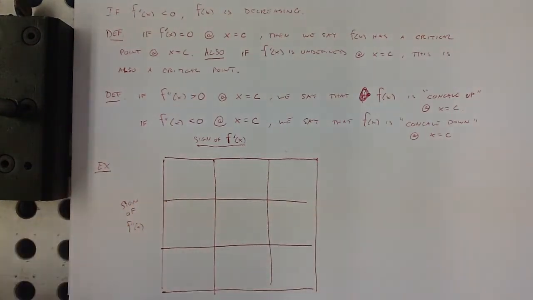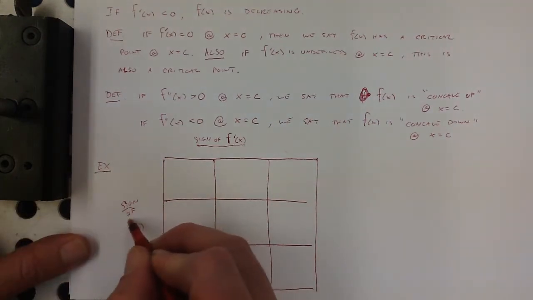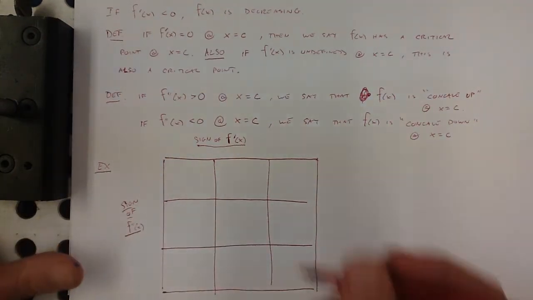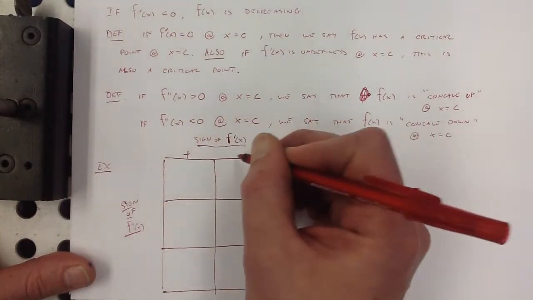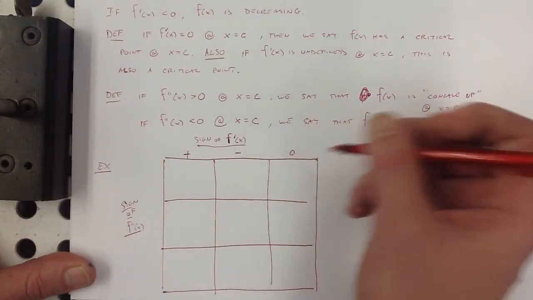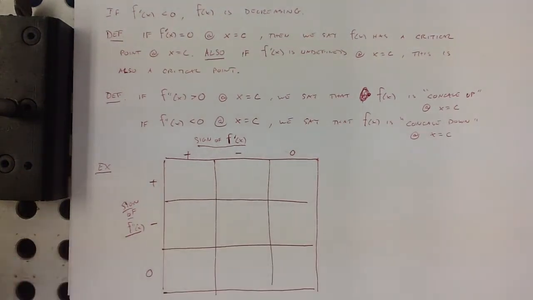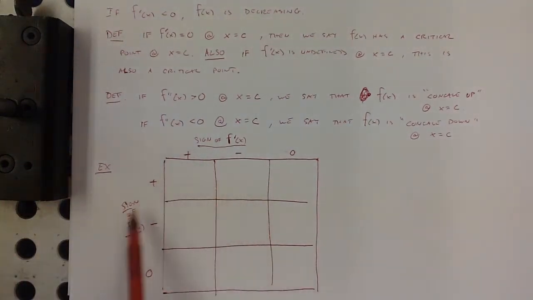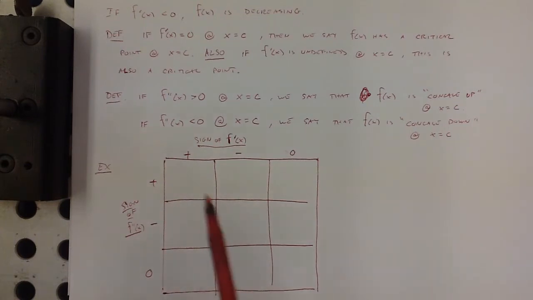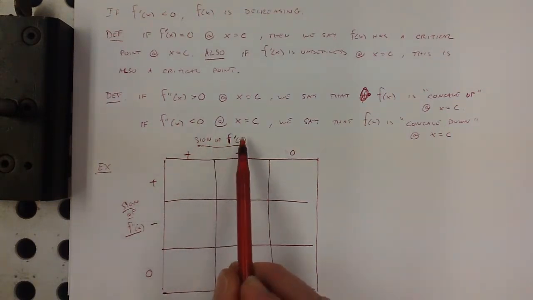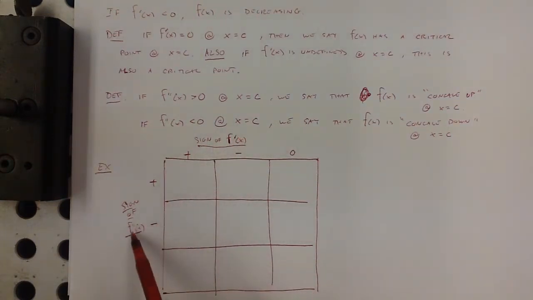This is something that you want to be very familiar with, what these look like. Okay, so we'll do positive, negative, and then what if it's actually 0, and then here positive, negative, and what if it's actually 0. All right, so in this box here, we want to try to make a little sketch of what a function would look like if its first derivative was positive and its second derivative was also positive.